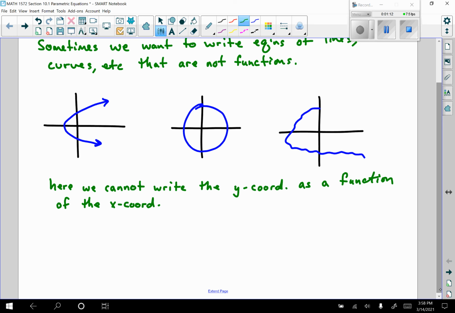So instead, we're going to let x and y depend on a third variable, and we're going to call it t. We usually use t because of time.